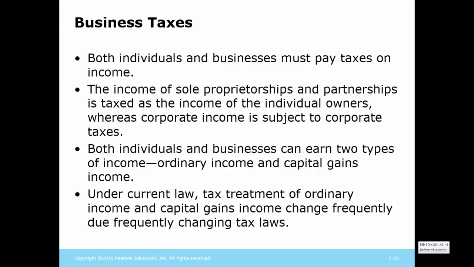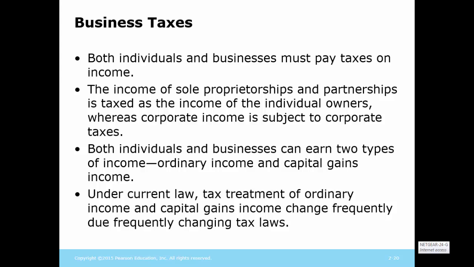Of course, there are two kinds of income. There's ordinary income. For a person, that's your income from your business or from your job. Capital gains is what you get from possibly the sale of assets like investments or mutual funds.